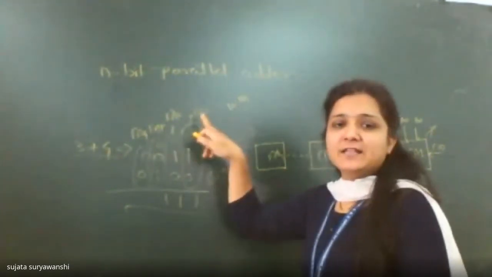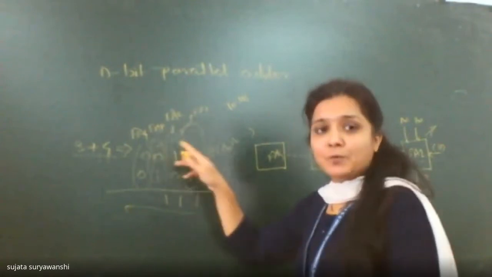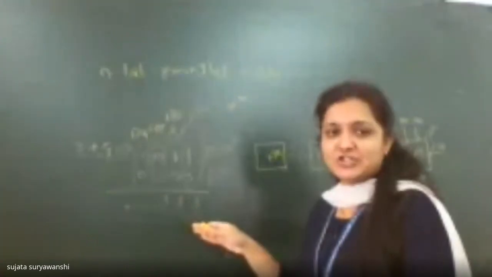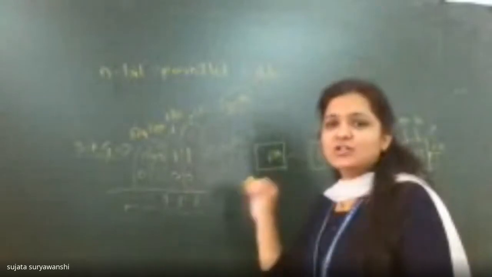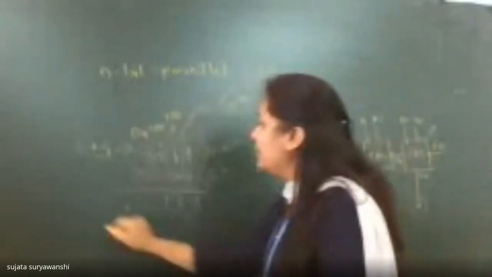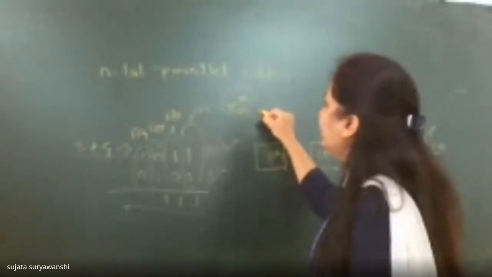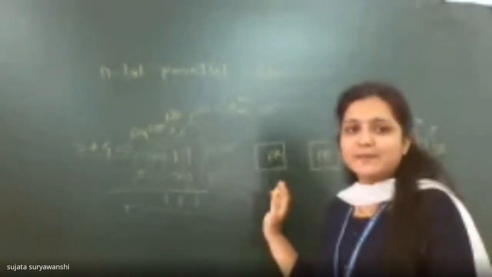So the first full adder generates a carry, and that carry is propagated to the second full adder to do that addition, and that time requirement is 10 microseconds. So the total time required is 10 into 4, that is equal to 40 microseconds. So 40 microseconds are required to perform this addition.